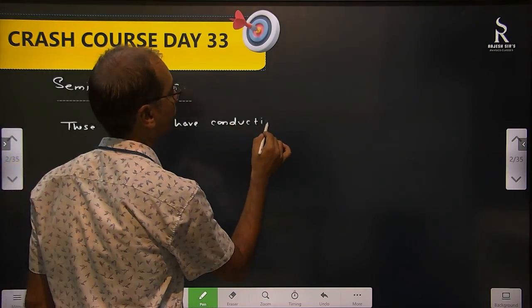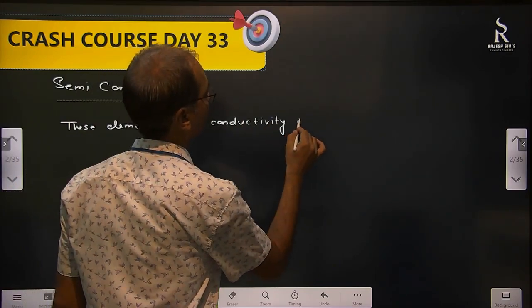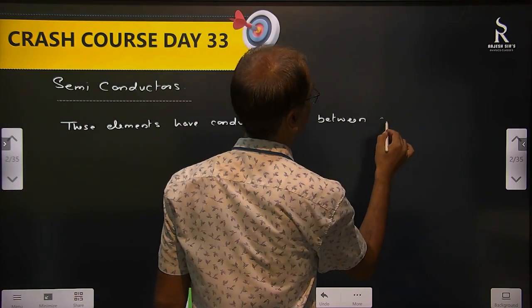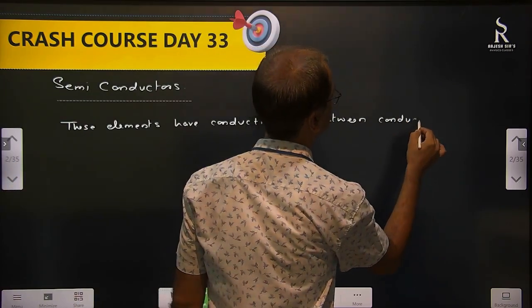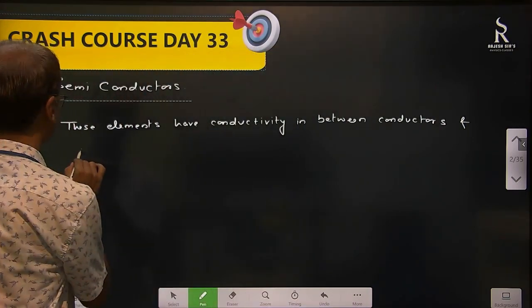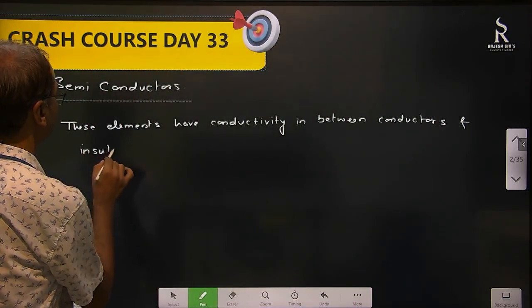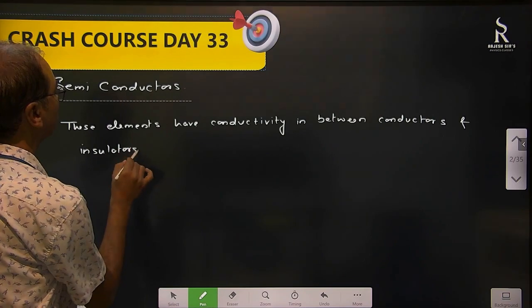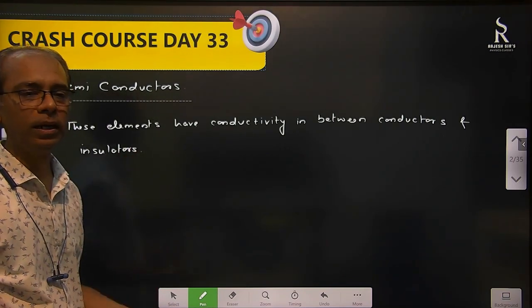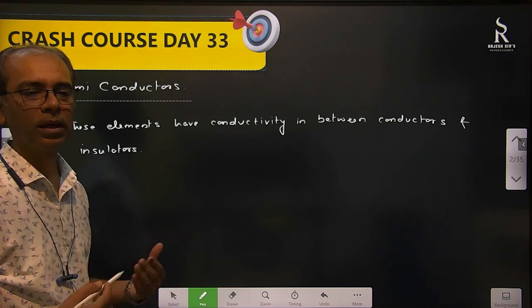Electric current, in between conductors and insulators. Now insulators, we all know, don't allow current to flow through them, whereas a conductor readily makes current flow through it.